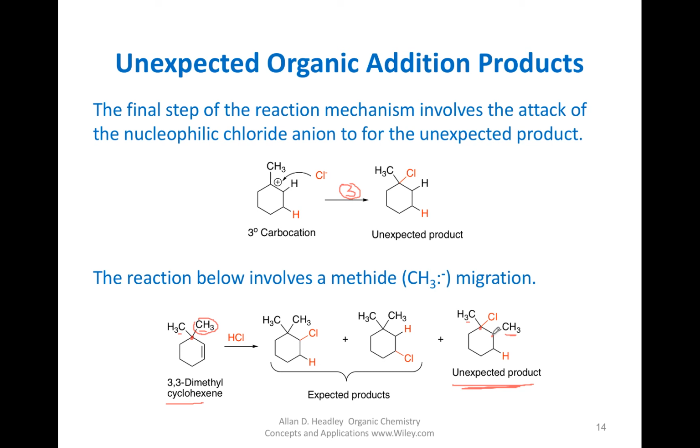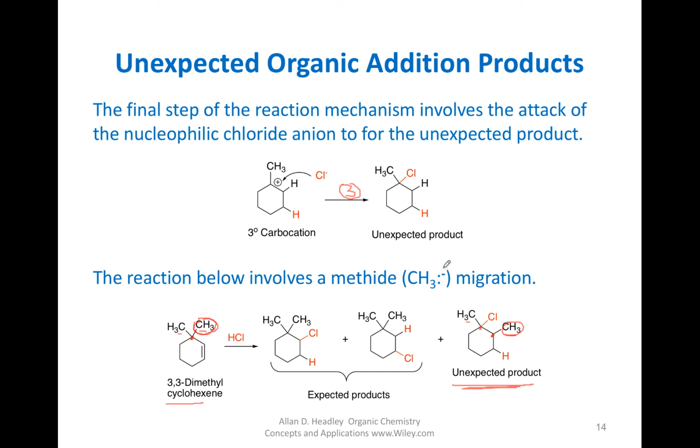Once you have done that analysis, you know what should happen. When you're asked to write a mechanism for a reaction, please carry out the analysis first. As scientists, our job is to carefully make observations. Here's the observation: 2 methyl groups on this carbon, and 1 has migrated over to this carbon, as shown here. So in your mechanism, you'd have to carry out a methide migration.